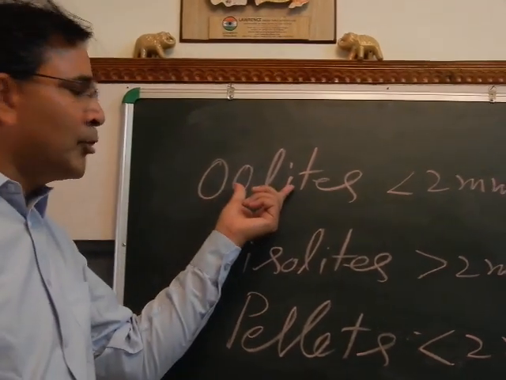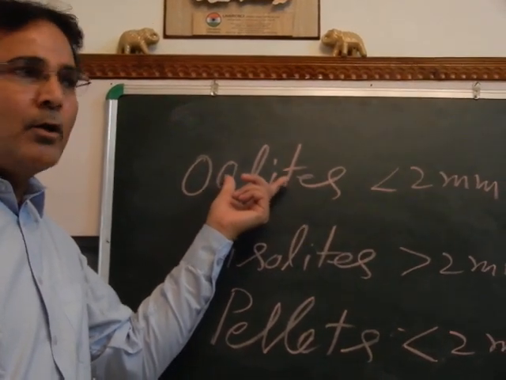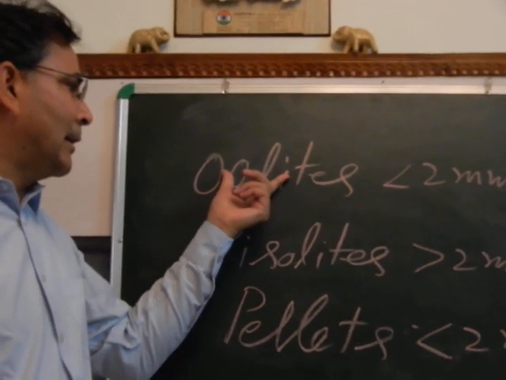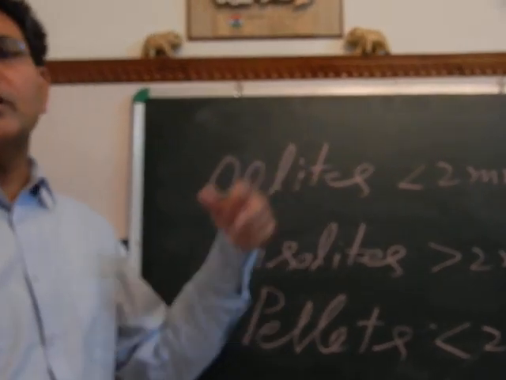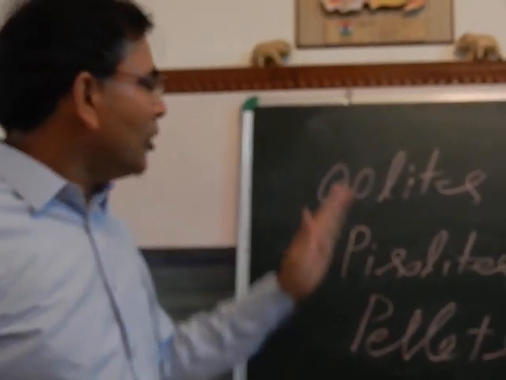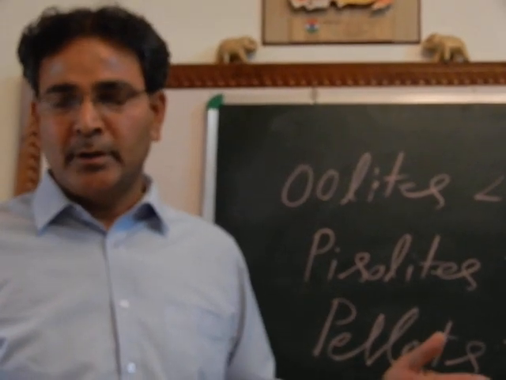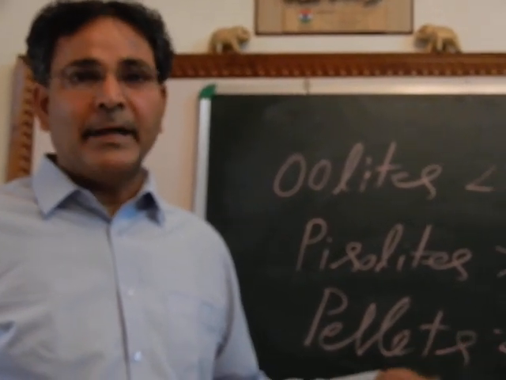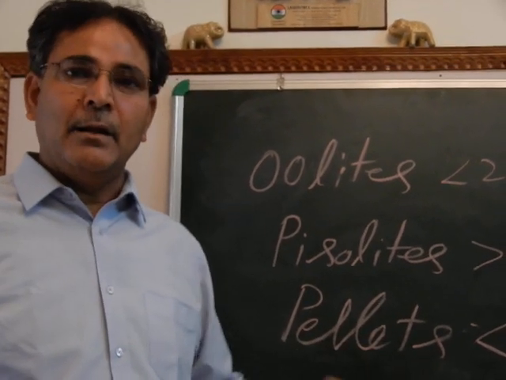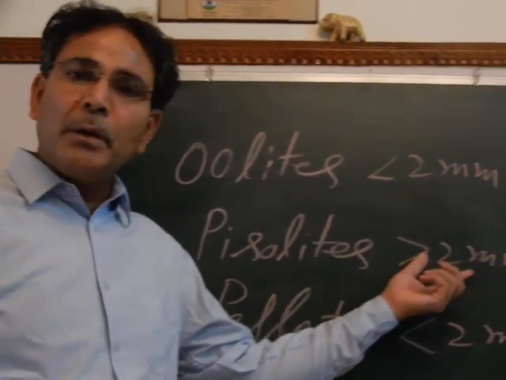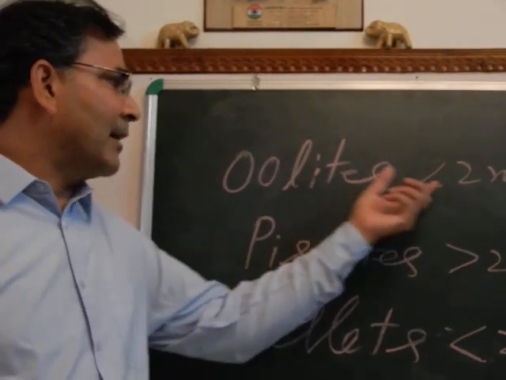They are circular, semicircular, oval, semi-oval, spherical, semi-spherical, elliptical or sub-elliptical in shape. So the shapes of oolites, pellets and pisolites are almost similar, that is circular, spherical, elliptical or oval. But the pisolites are greater than 2 mm in diameter, whereas the oolites are less than 2 mm.